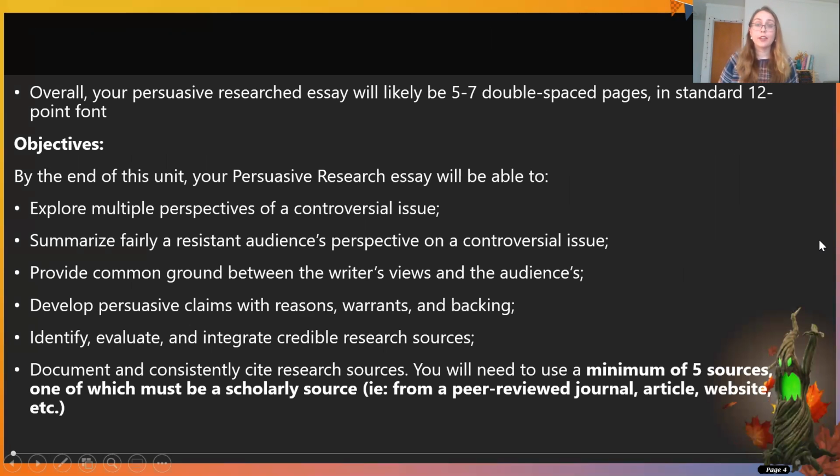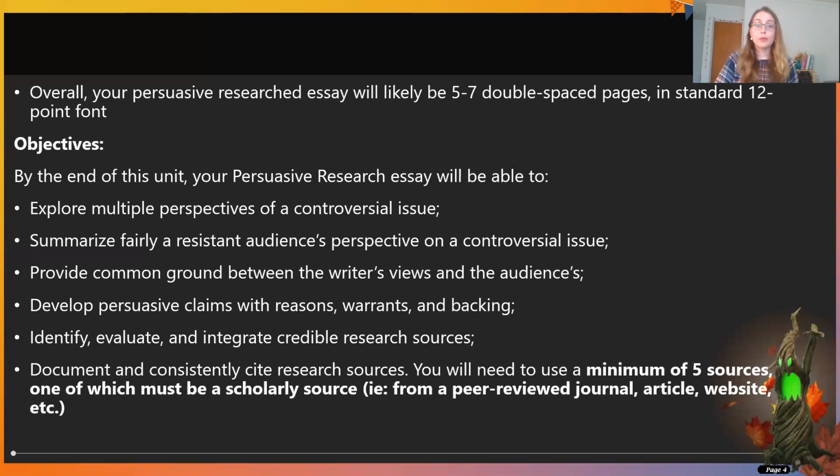Overall, your persuasive research essay will be about 5 to 7 double-spaced pages in Times New Roman 12-point font, please. For the main objectives of this essay, you will explore multiple perspectives of a controversial issue, meaning your point of view and your opposing audience's point of view. You will summarize fairly your resistant audience's perspective on the controversial issue in your essay.